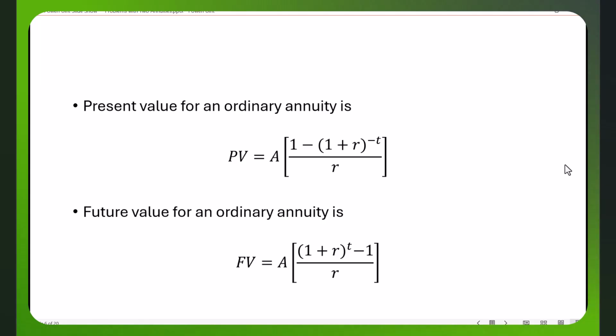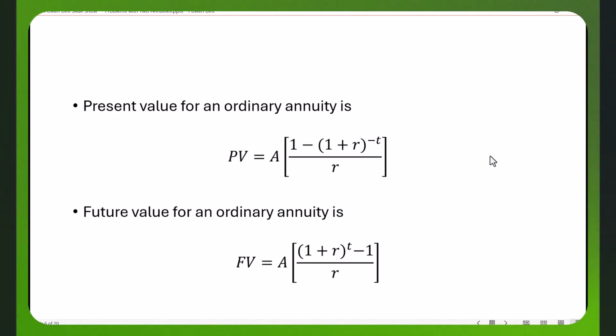So here are the present value of an annuity formula and the future value of an annuity formula. The present value of an annuity is the annuity times what's in the brackets here, which is the present value of an annuity factor: 1 minus (1 plus r) raised to the minus t power, divided by r.